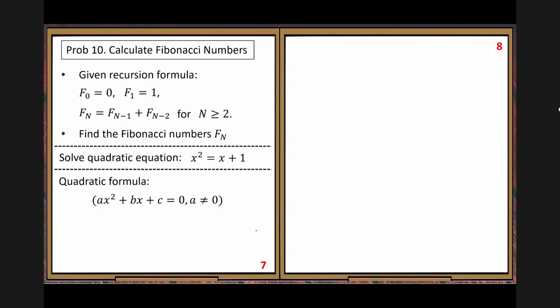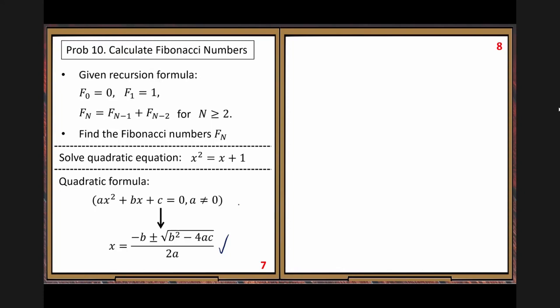We know the quadratic formula gives x two values: minus b plus or minus the root of b squared minus 4ac, that's the numerator, over the denominator 2a. Those are the two possible solutions.